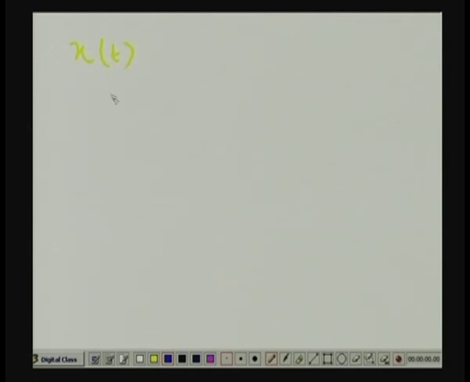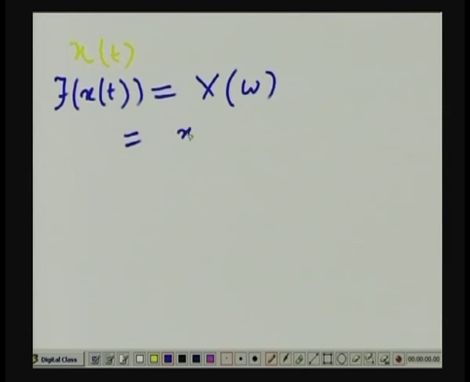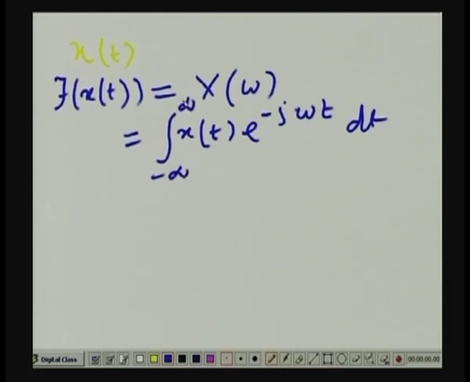So, if I take the Fourier transform of x(t), which is represented by F of x(t), which is also represented in the form of capital X of omega, where omega is the frequency component, and mathematically this will be represented as integral of x(t) e to the power minus j omega t dt, and we have to take the integration of this from minus infinity to infinity.